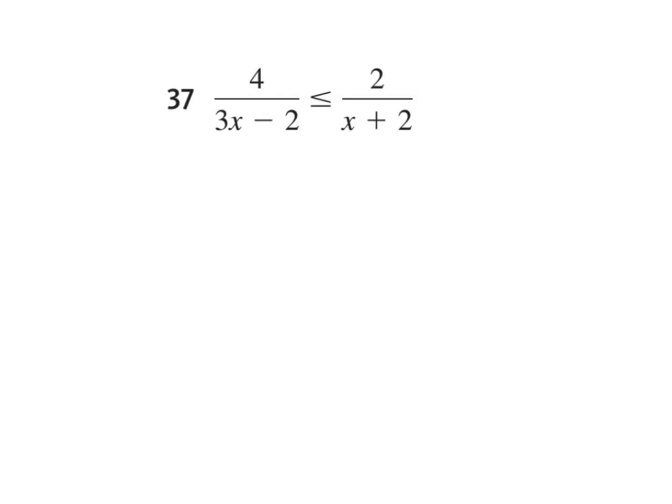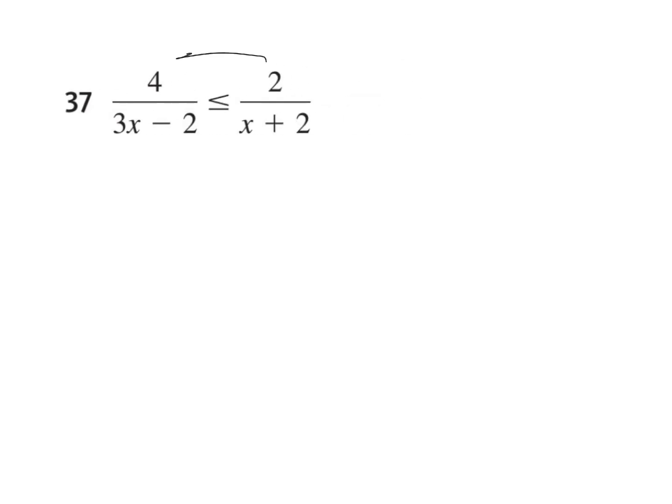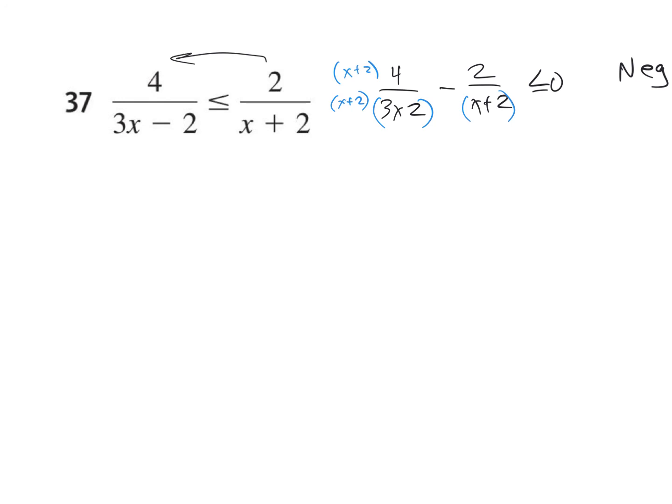Again, get everything on one side. So it'll be 4 over 3x minus 2 minus the 2 over x plus 2 less than or equal to 0. So we want negative values. And we're going to multiply by the missing factors. So x plus 2 over x plus 2 and 3x minus 2.